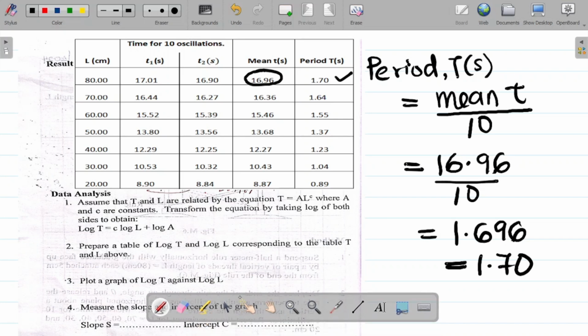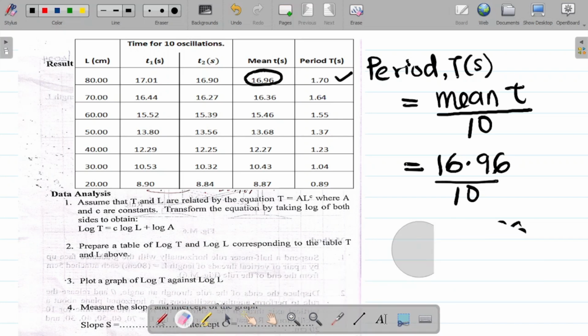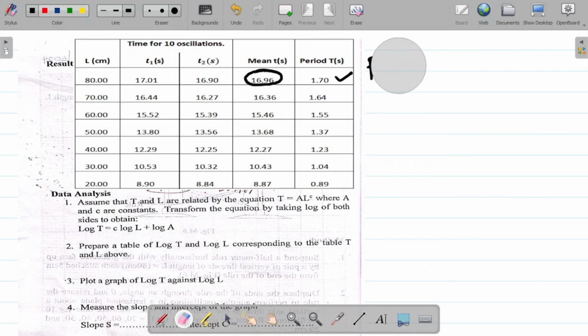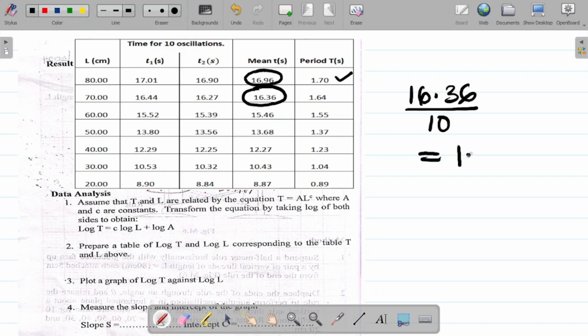I'll take one of these again and try to explain the next one. So the next one here, I'm having this one here, 16.36. So the period becomes 16.36 divided by the number of oscillations, which in this case is 10, and that's equal to 1.636.